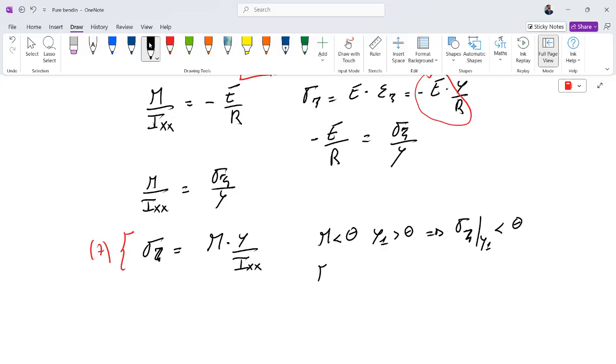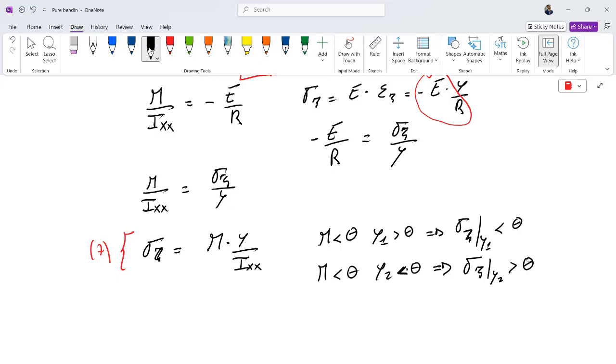For the other y, the moment is always minor than zero, y2 is minor than zero, and we obtain that sigma z related to y2 is major than zero.